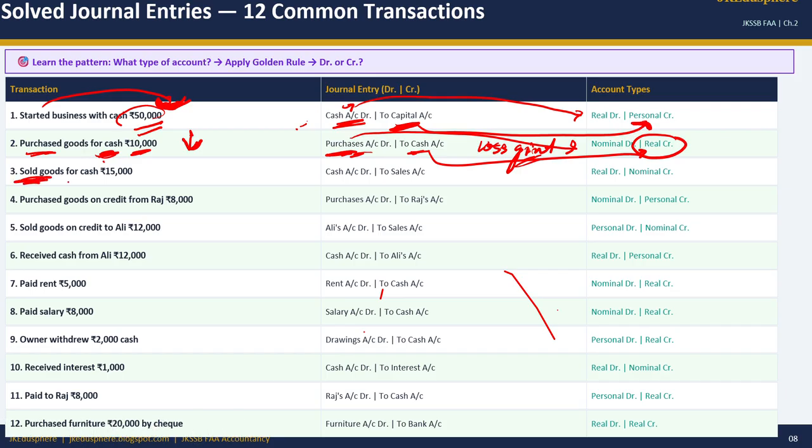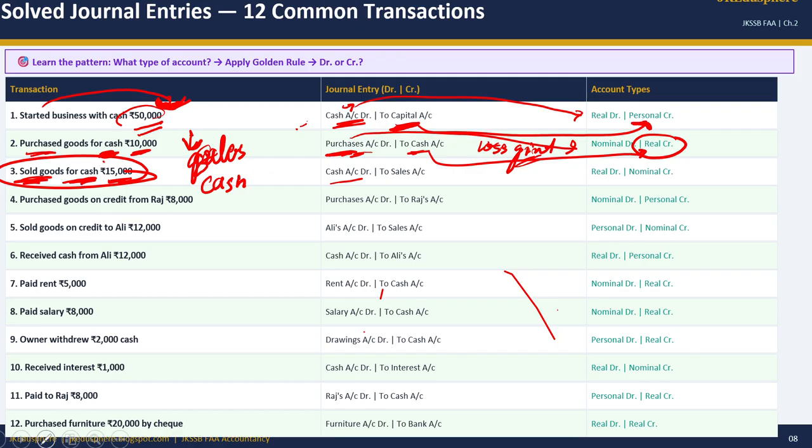So we sold goods for cash, 15,000. So goods account is affected, and cash account. Sorry, not goods account; sales account will be affected.